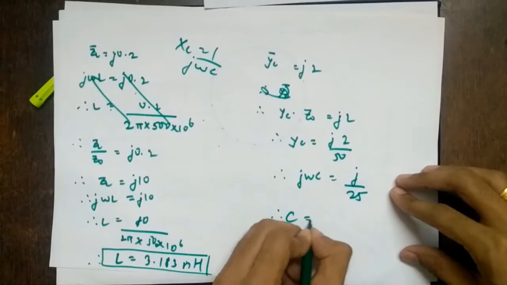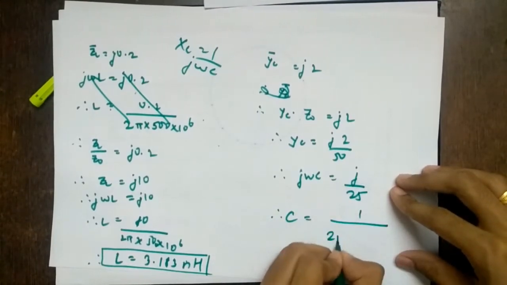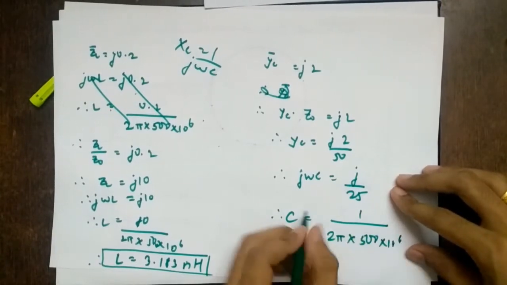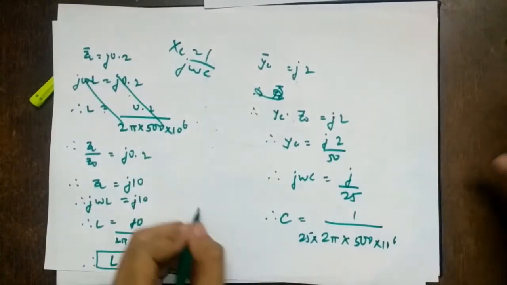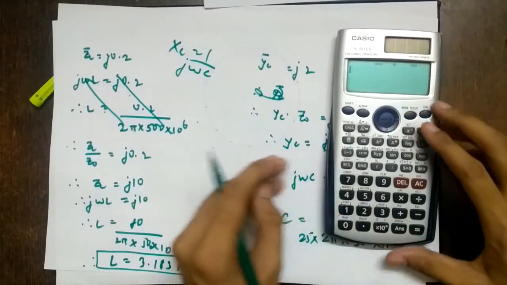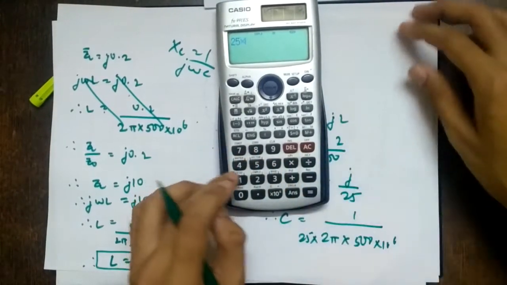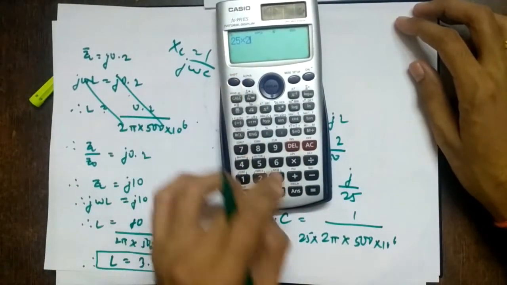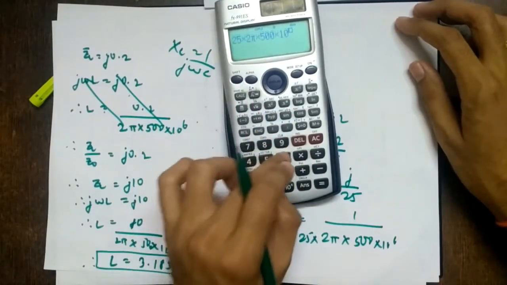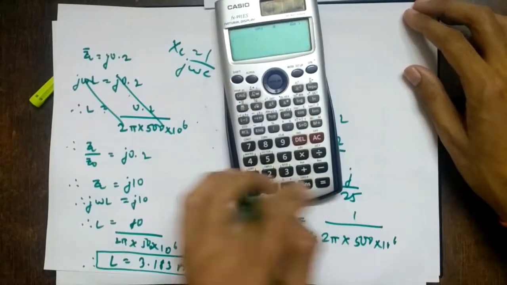Therefore C equals, j will get cancelled, 1 upon 2 pi into 500 into 10 raised to 6, into 25.